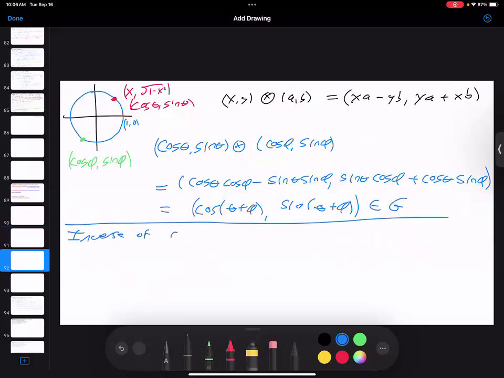Inverse of cosine theta, sine theta. What should we try? So the way we combined them is we added the angles. And what's our identity element? Our identity element was 0, 1.